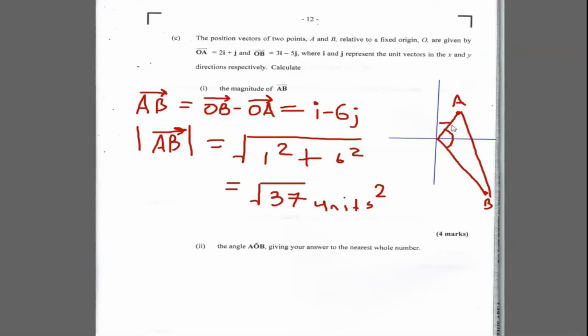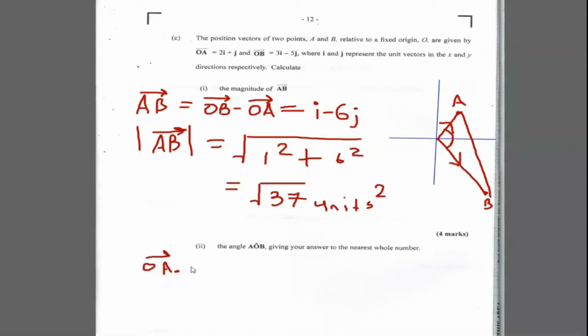For angle AOB, the first thing we need is the dot product of vector OA and vector OB, and we need their magnitudes. So first, let's work out OA dot OB.